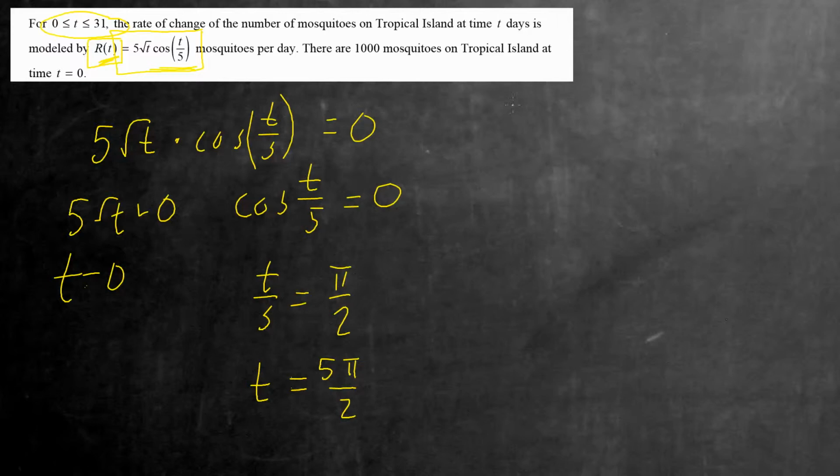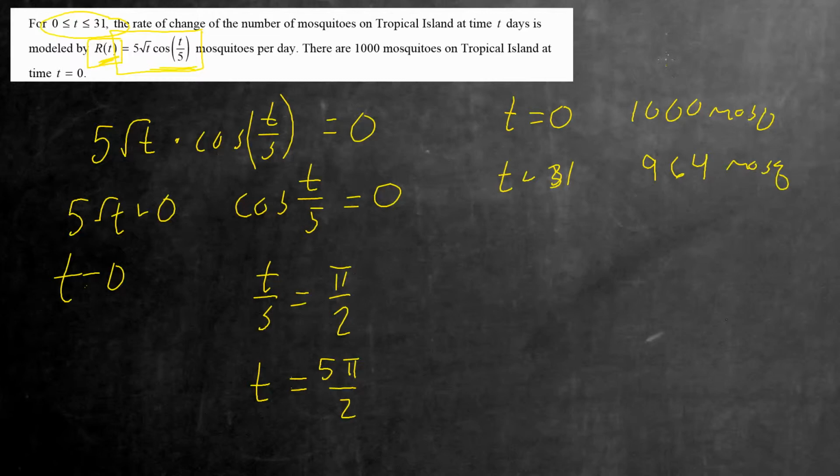I know at time 0 there's 1,000 mosquitoes. In part C, I found that at time 31 there were 964 mosquitoes. So right now I'm thinking it could be time 0.